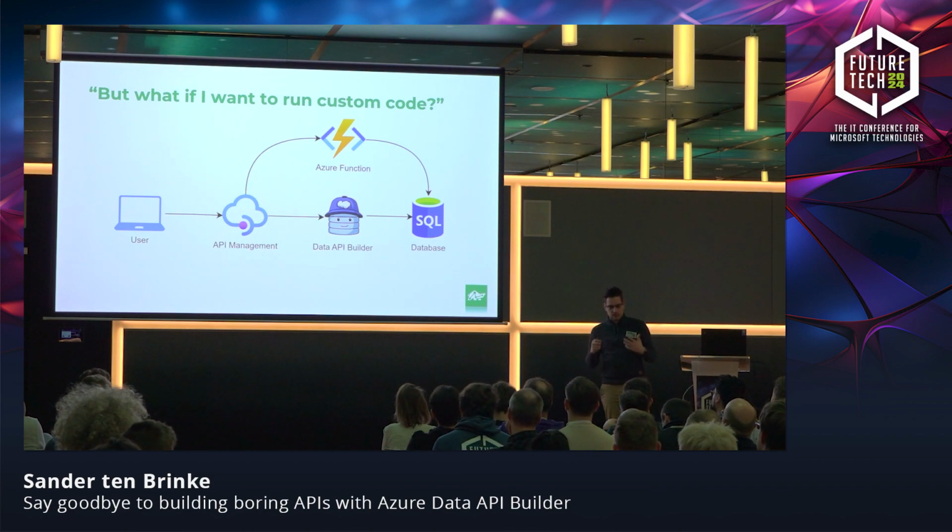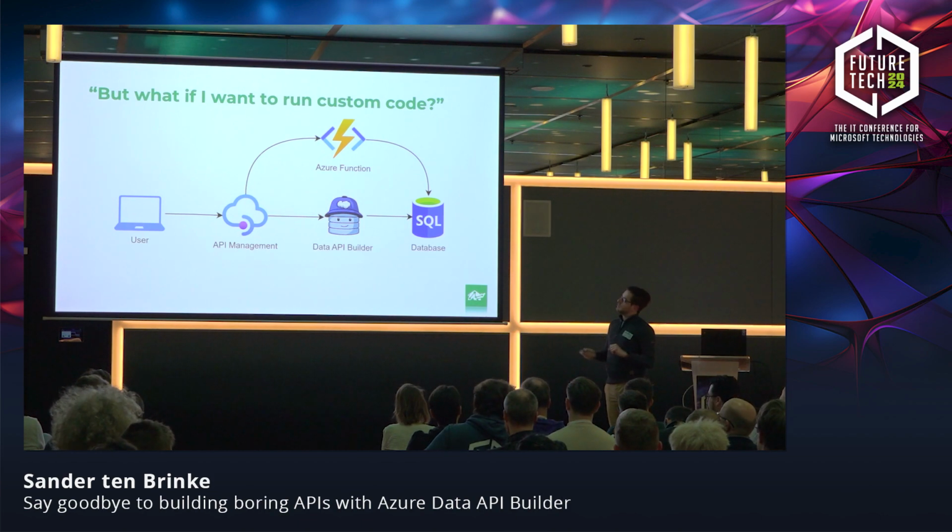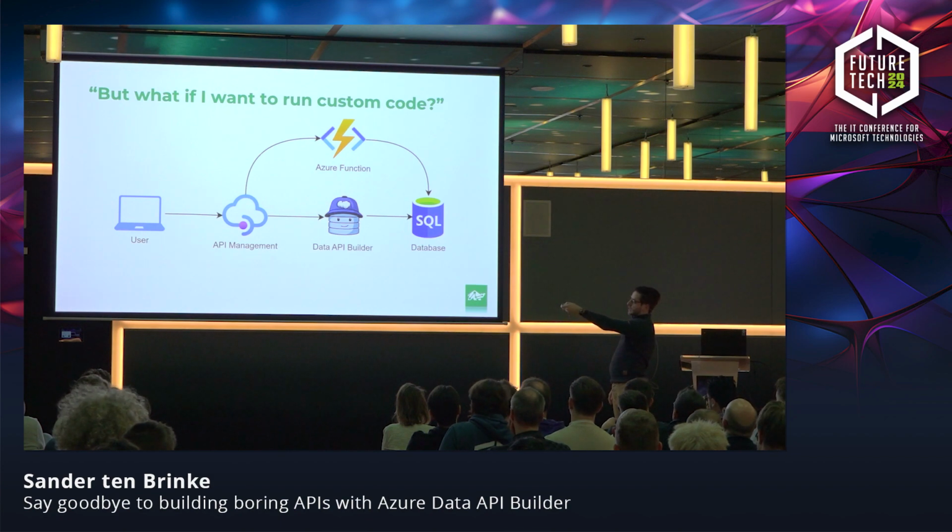So for example, imagine a scenario where we use DAB and it works great, but then someone says, we need to talk to an external server to validate some stuff before we put it in our database. What I recommend, and what the DAB team also recommends, is that you put API Management or a reverse proxy in front of it. In 99% of cases, API Management will just route your call to Data API Builder to retrieve books, retrieve authors, maybe create a new author.